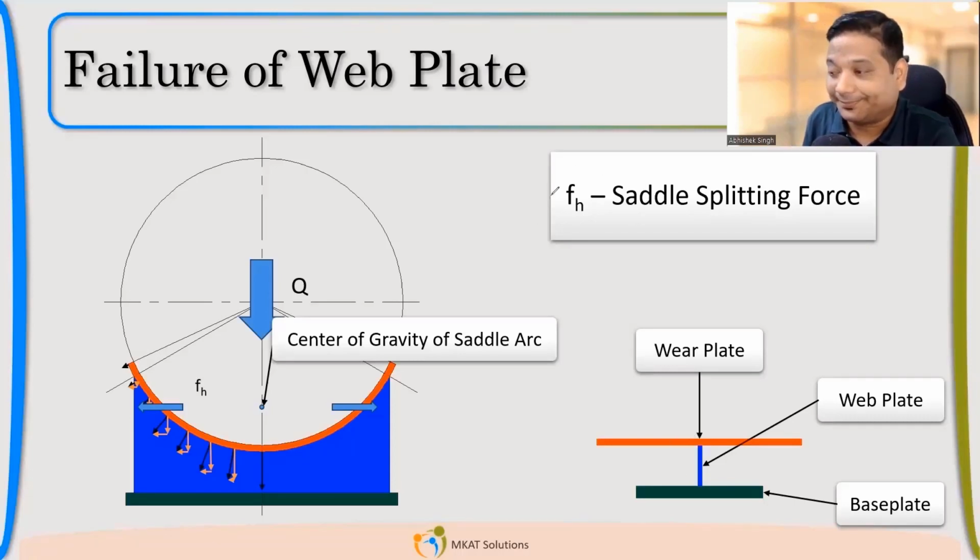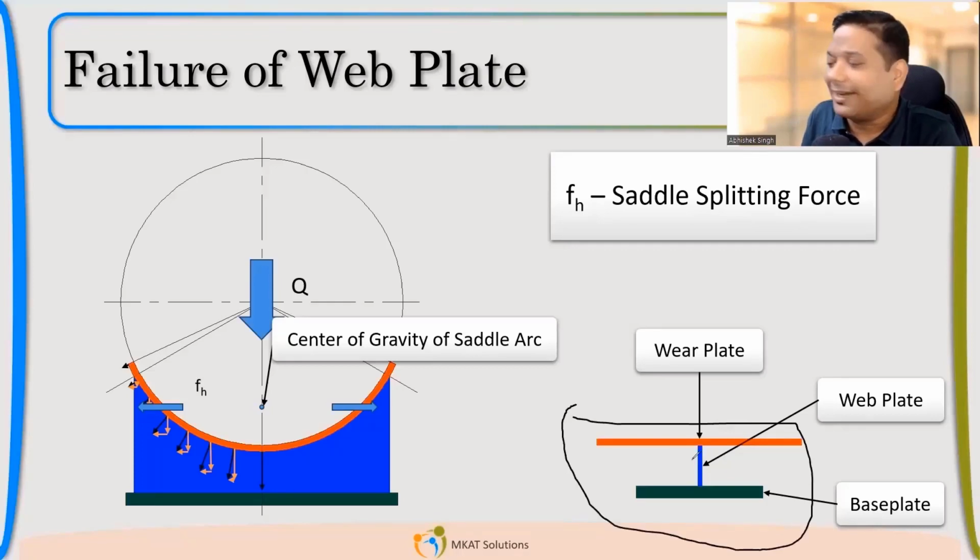We'll calculate that also. But the first thing is to calculate the tensile stress acting on this area because of this FH. So if I want to find the tensile stress, what do I need to calculate first? That FH, the value of the splitting force, right? What do I need to calculate second? The area, which you can see here.